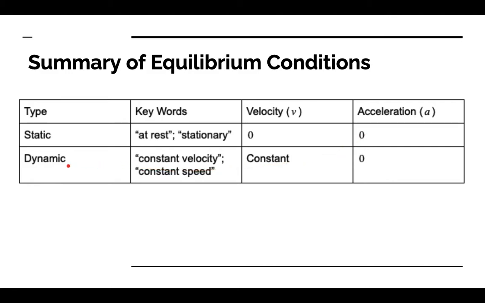For dynamic equilibrium, dynamic referring to something that's moving, you need to watch out for the keywords constant velocity or constant speed, which implies our velocity is, well, constant. In that case, our acceleration is also 0 in dynamic equilibrium, but we're moving at a constant velocity or constant speed. Those are the keywords you need to watch out for specifically in problems.